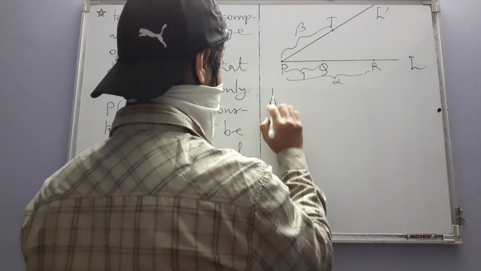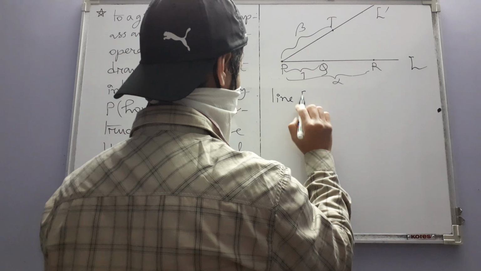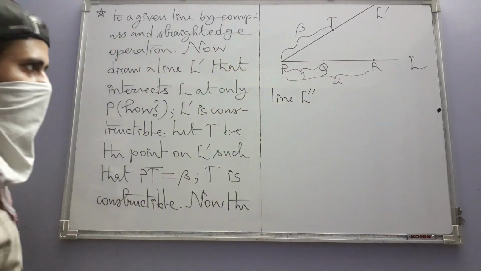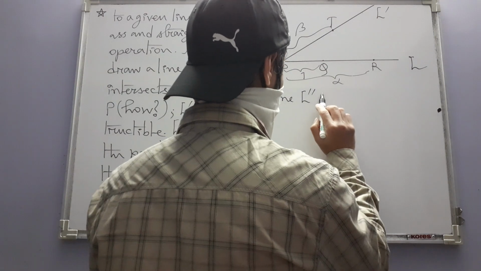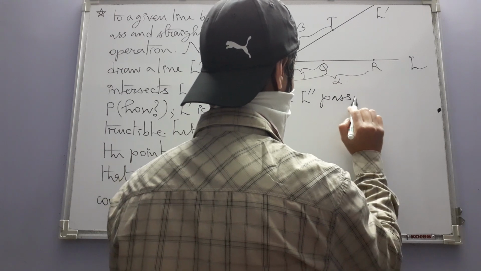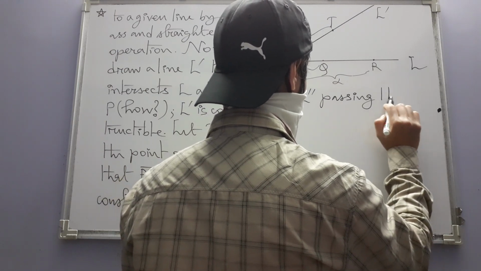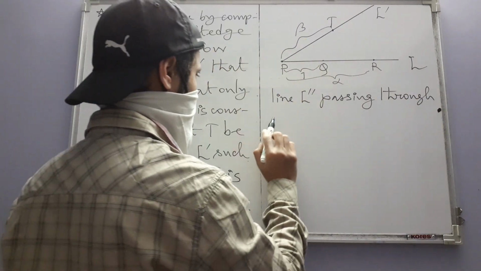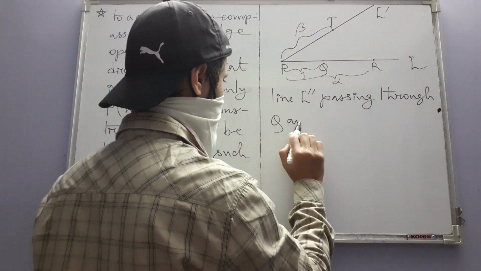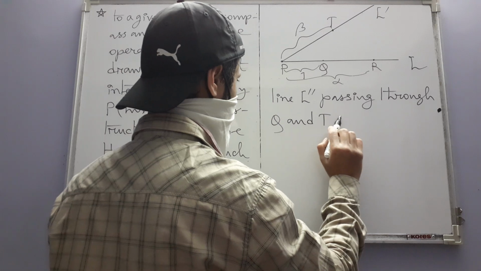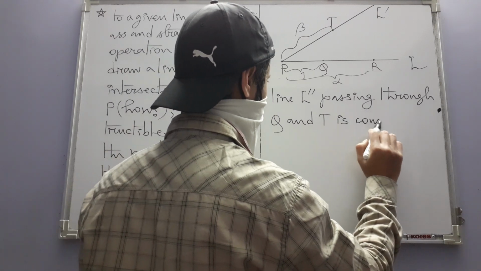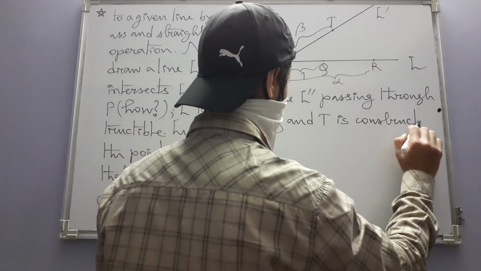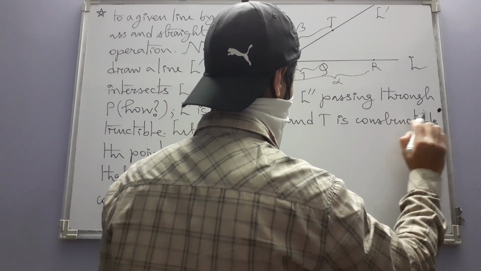Now the line L double prime passing through Q and T is constructible.